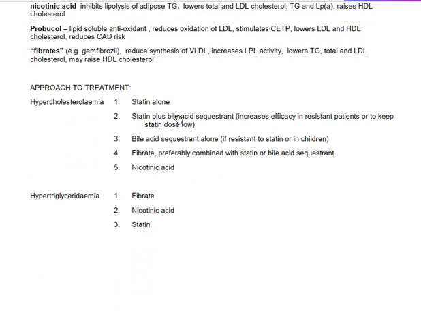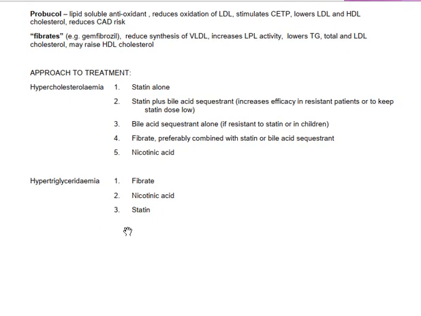You can use statins plus bile acid sequestrant. You can use bile acid sequestrant alone if resistant to statin or in children. You can use fibrates, which are preferably combined with statins, and you can also use nicotinic acid alone. If the patient has hypertriglyceridemia, you use fibrates, you use nicotinic acid, and you use statins.